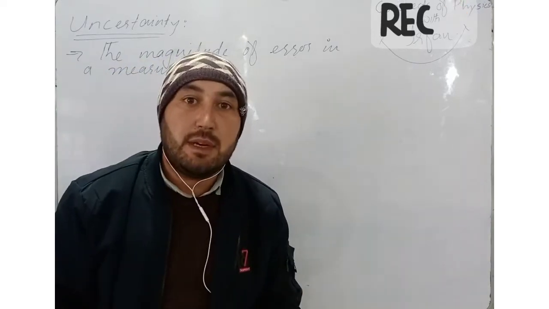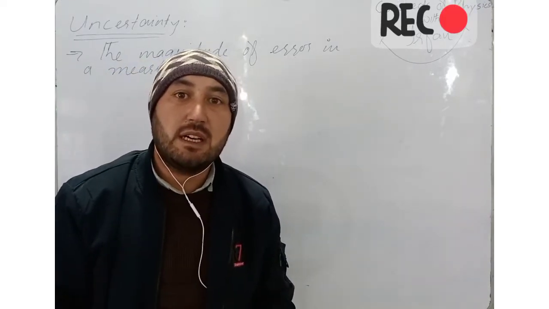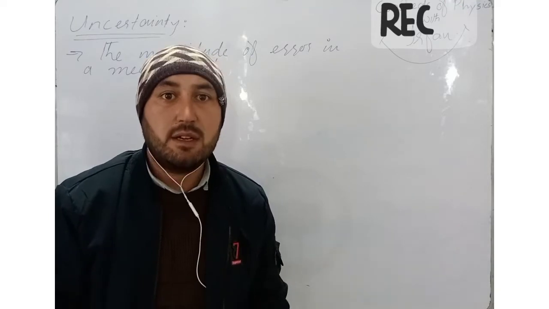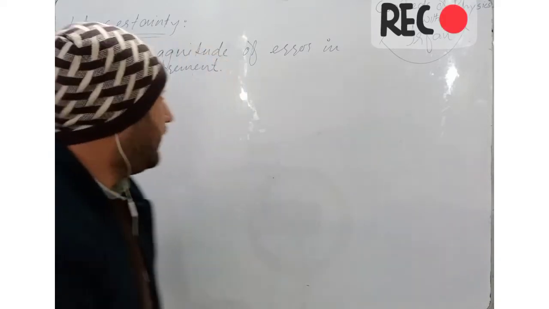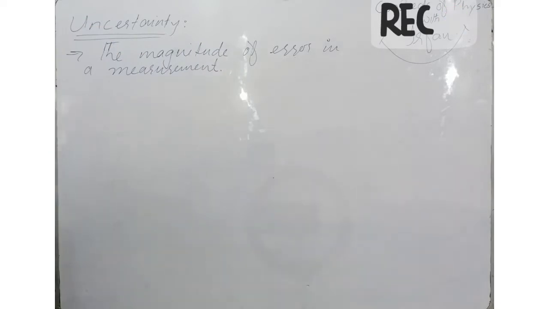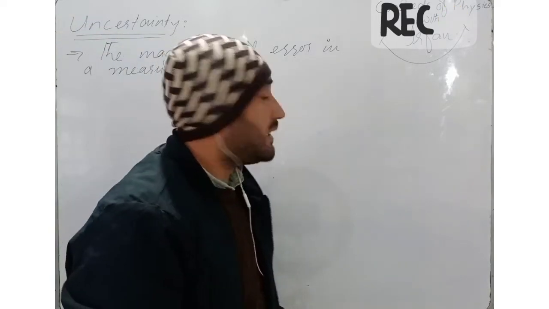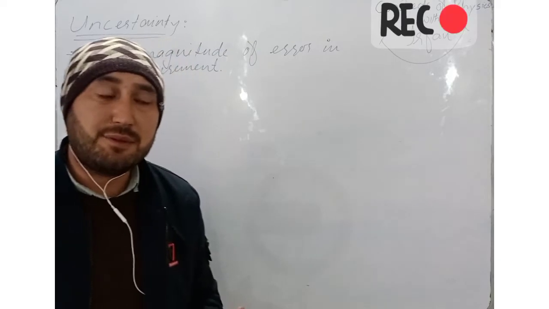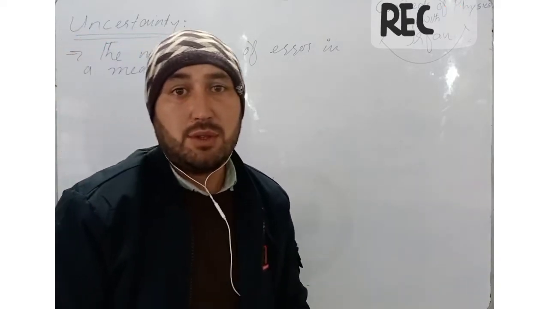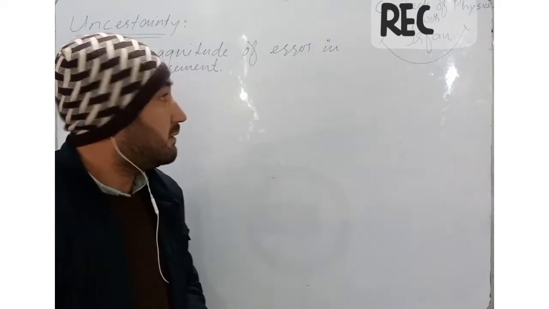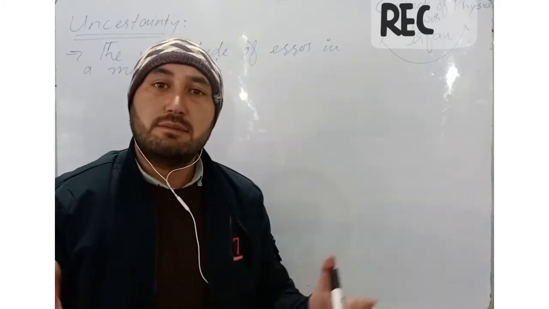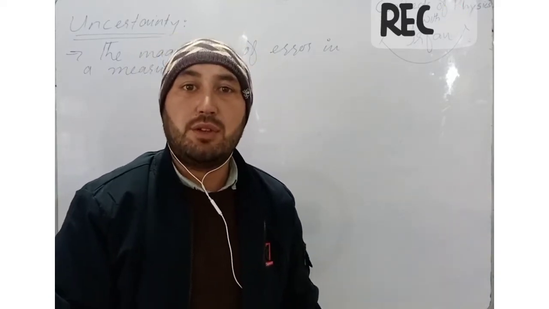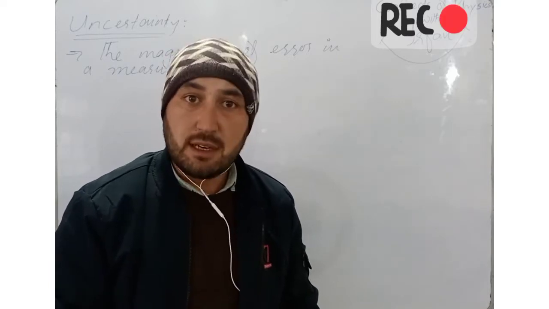In every measurement, there is always a chance of some sort of error because no measurement can be made in a perfect manner. Now, what do we mean by this error? Error is actually the possible deviation from the actual value. This possible deviation can occur due to multiple reasons, like a random change in physical conditions.